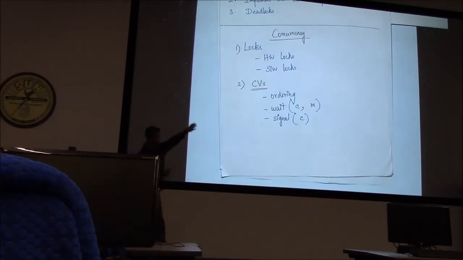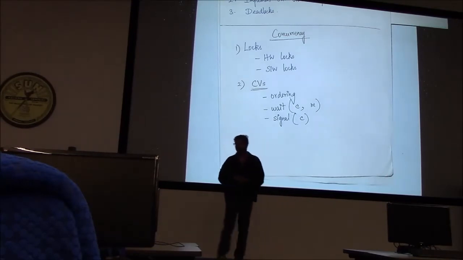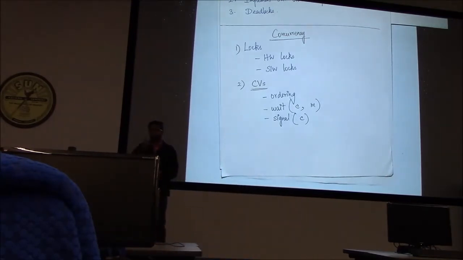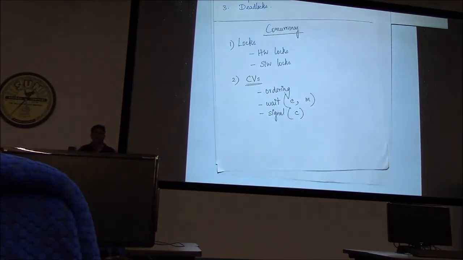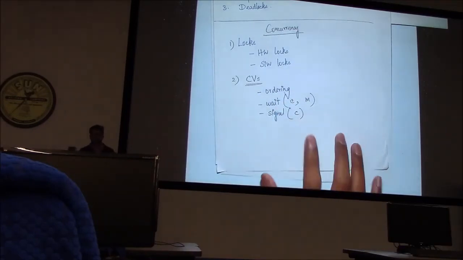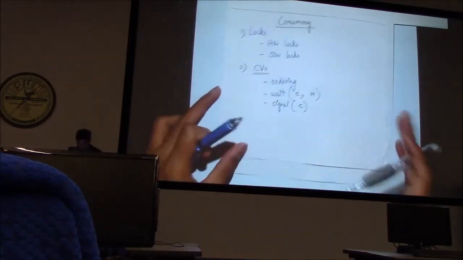The assumption is that the thread calling wait has already acquired the mutex lock m, so inside the implementation of wait, that mutex lock is released and immediately the thread is put to sleep. And when someone signals on the same condition variable C, then before that thread wakes up, in the implementation of wait, we acquire the mutex lock again and then wake up. That's how wait and signal work in condition variables.